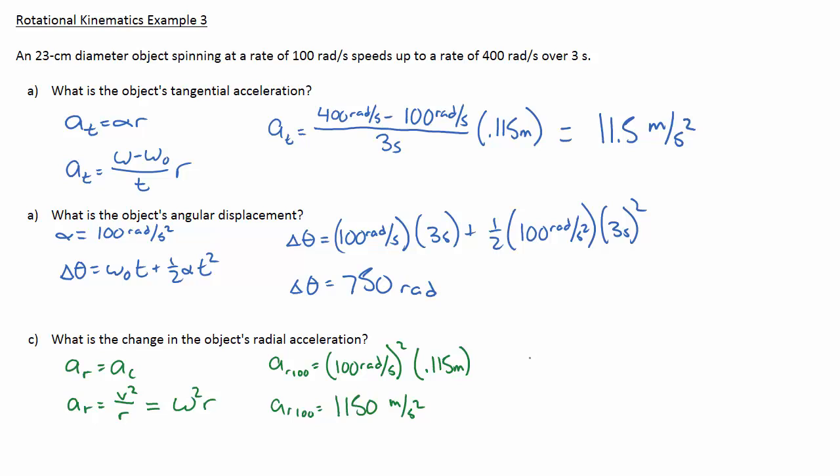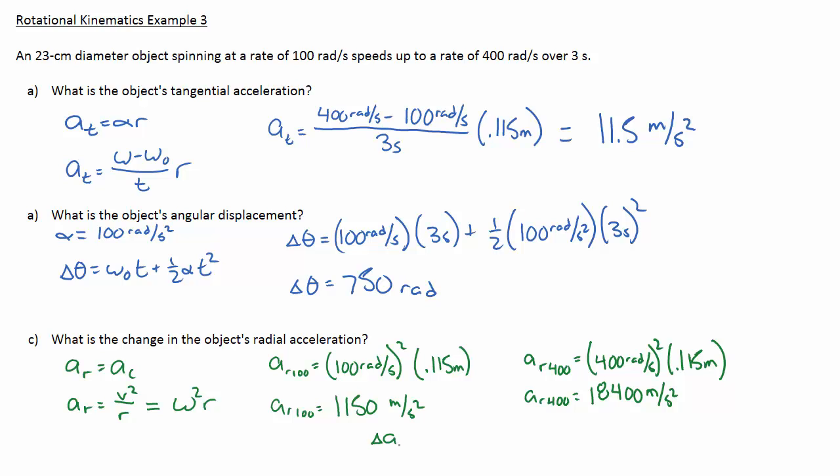When I go to my 400, it's going to be 400 radians per second squared times 0.115 meters. So if I just figure this out, so it's 400 squared times 0.115, I'll end up with 18,400 meters per second squared, which means the change in the radial acceleration.